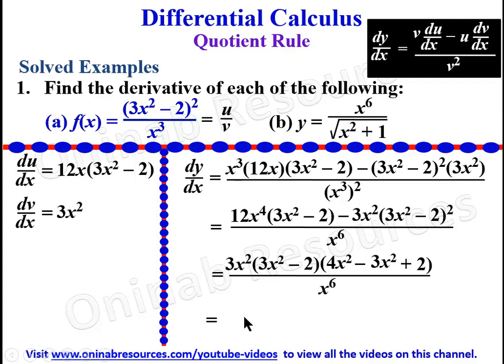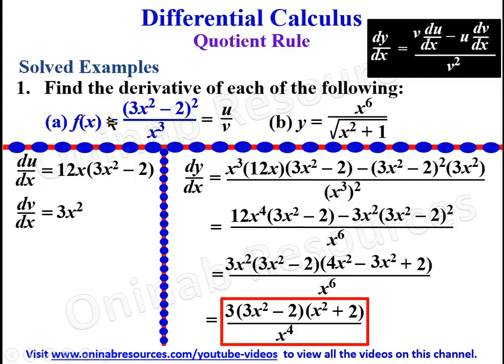We'll only be left with 3x squared minus 2 here. Simplifying this, 4x squared minus 3x squared is x squared, then plus 2 over x raised to the power 4. This is the derivative of the function in A. So that is f prime of x, or dy/dx.